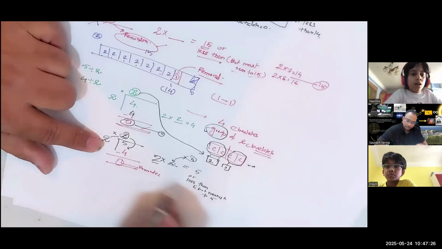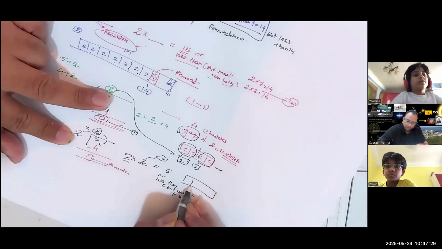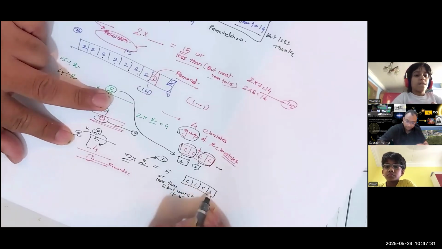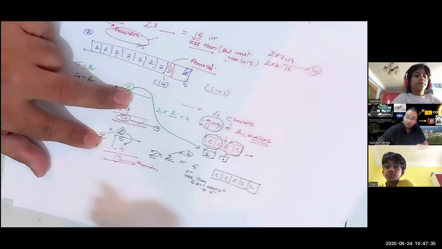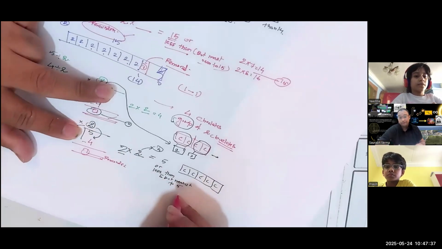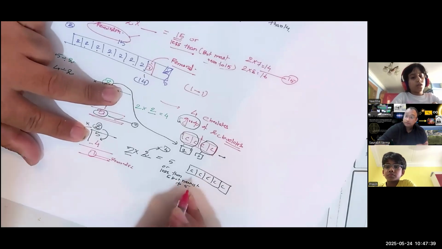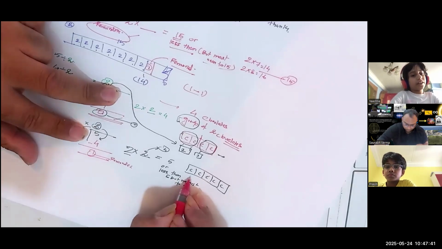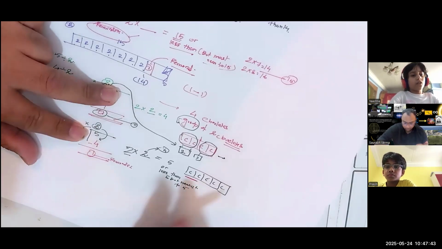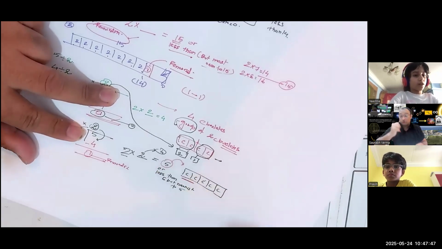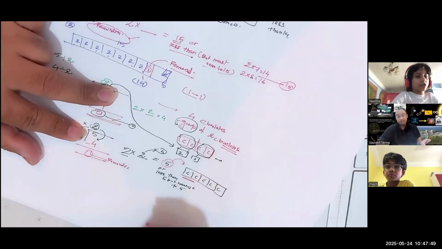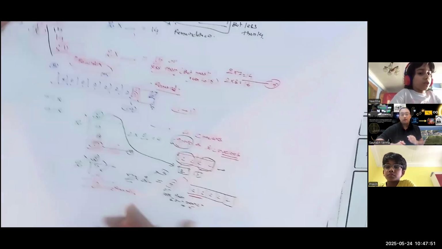Now if I say you have 5 chocolates and you have to make groups of 2, how many groups can you make?